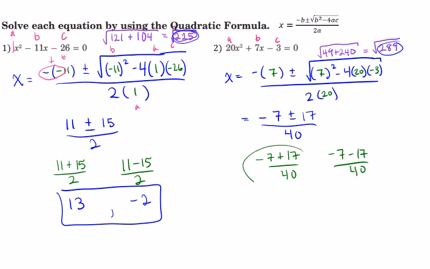All right, so for this one, -7 plus 17 is positive 10 over 40, which comes out to 1/4. And if we do the other one, we get -24 over 40, which reduces to -3/5.